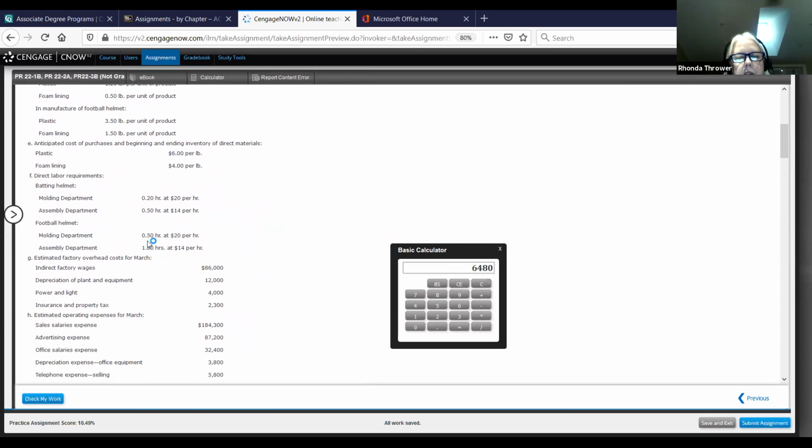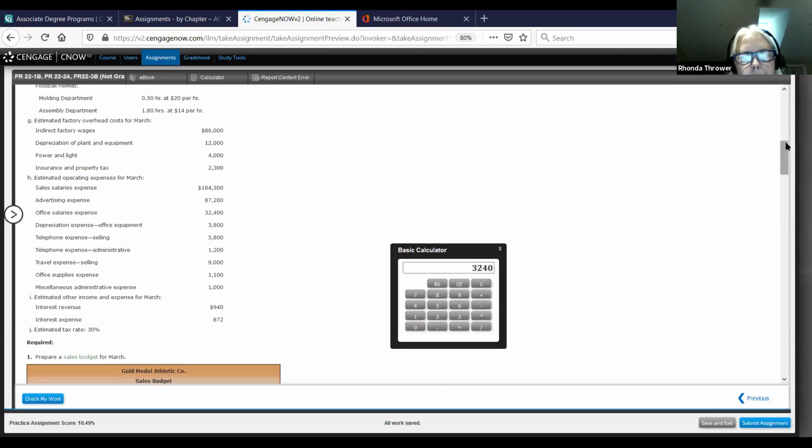It takes a half an hour to produce those. This is the number of units that we had of football helmets to produce. We're going to multiply that by 1/2 or 50%. And again, I'm getting that right there. It's half an hour for each unit produced. The total hours are 3,240.